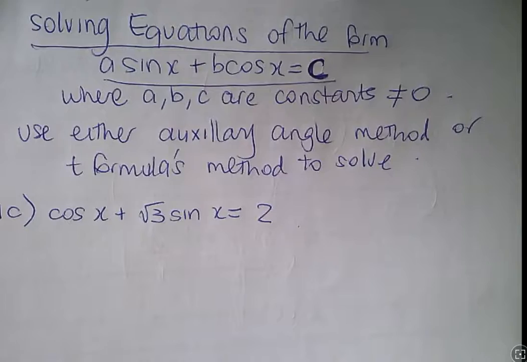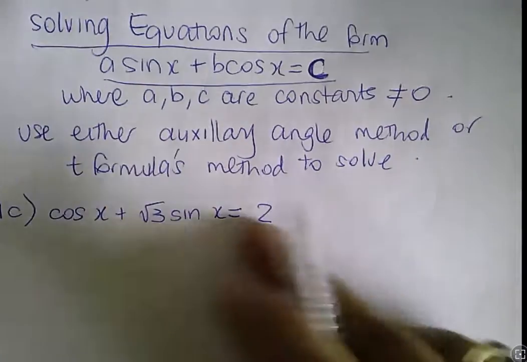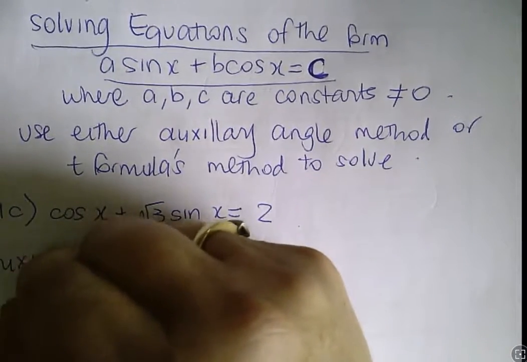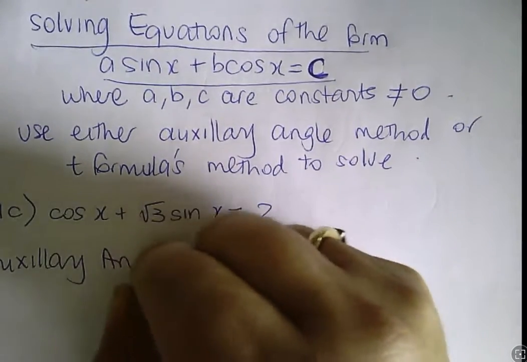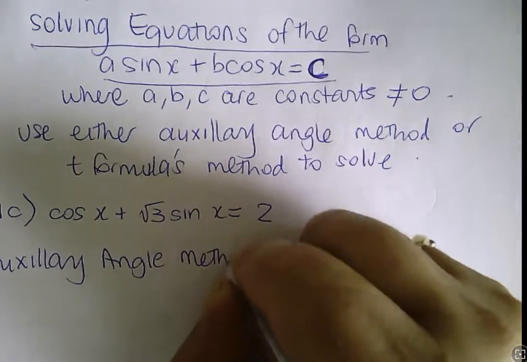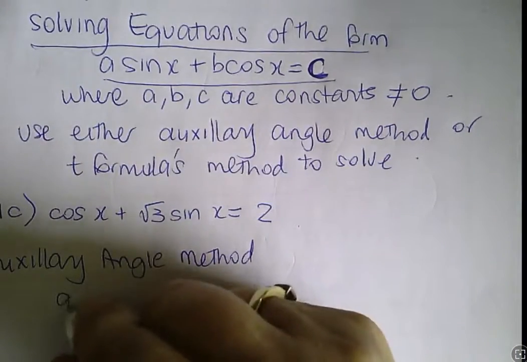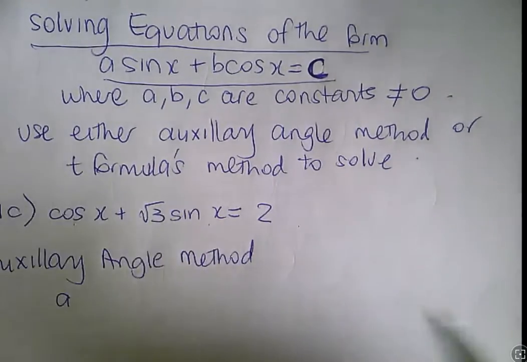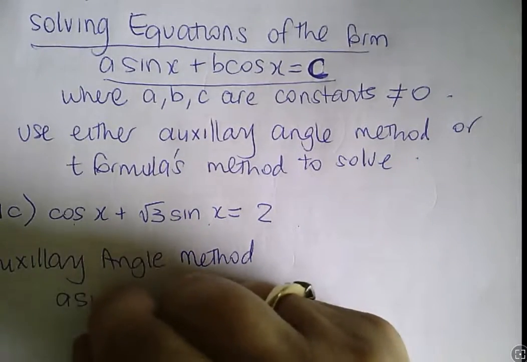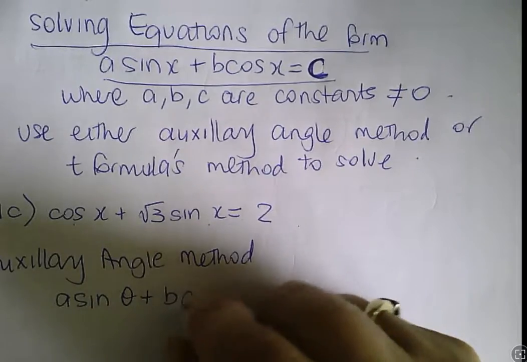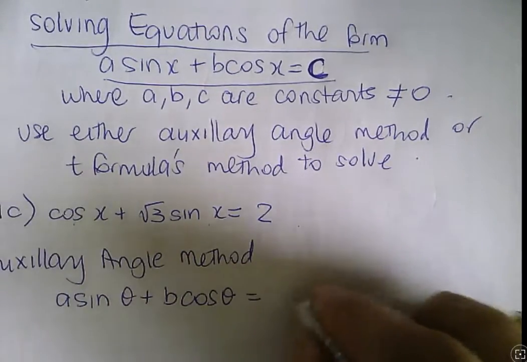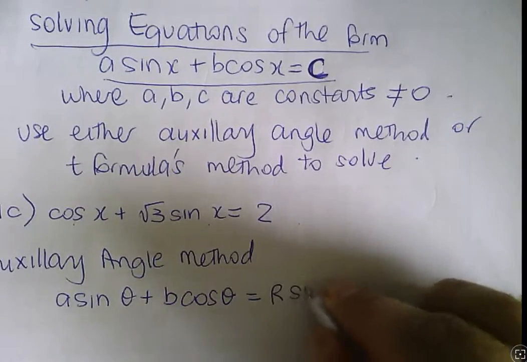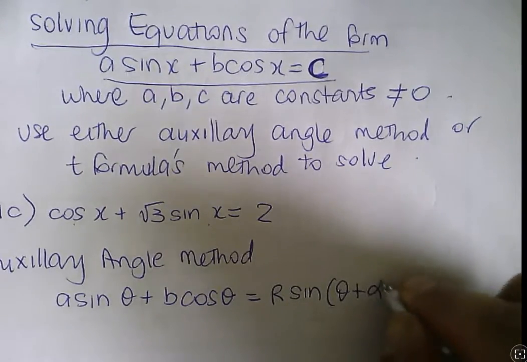When you use the auxiliary angle method, I want to do questions of this type. Now for the auxiliary angle method, there are 4 ways that it can be written. If you're given the sine term first, or you could just rewrite it to make sine first, if it's of the form a sine theta plus b cos theta equals some number, you often put it in this format.